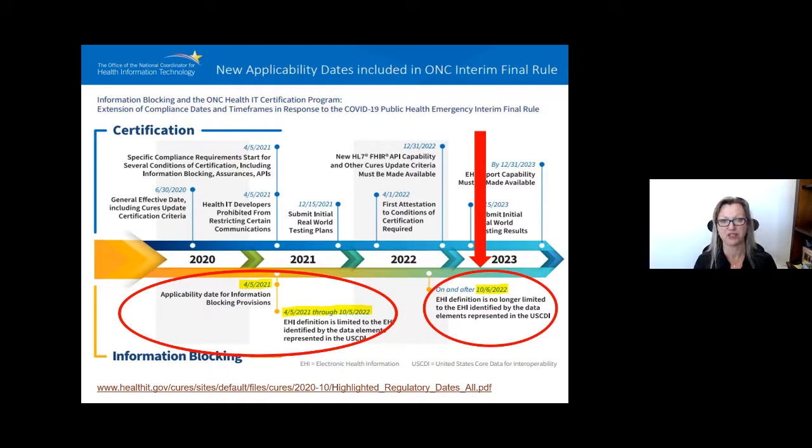It doesn't include the whole entire world of all data that you have. From April 5th of this year through October of next year, if you're asked for certain electronic health information, you are only required to comply or to respond with what's called the USCDI data set.